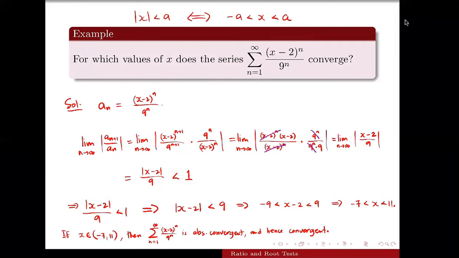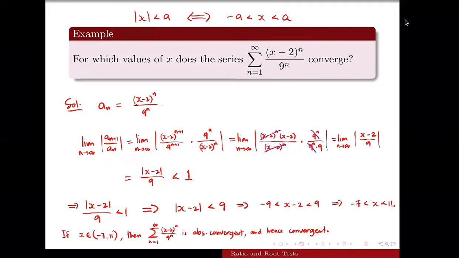But this is the case when the limit is less than 1. And like I mentioned earlier, if the limit of this guy here is equal to 1, then it will be inconclusive. The series, we don't know if it is convergent or divergent.